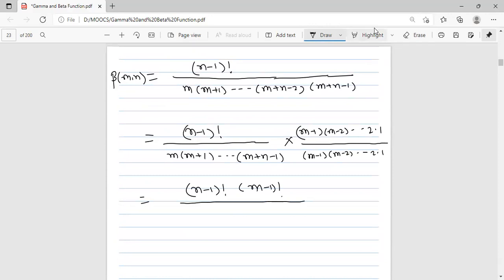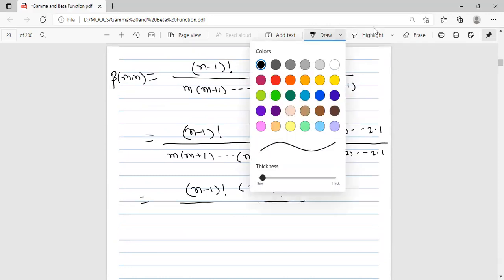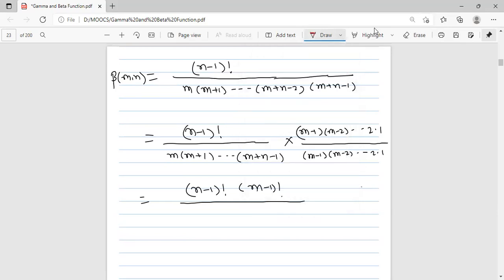Now see how the terms are running. Now I'm writing this term. First I will write this term, then here this first, then second, up to m, and after this m, m minus 1, m minus 2, and so on. Means I'm changing the order of this, reverse order. This is m plus n minus 1, m plus n minus 2, so on up to m.